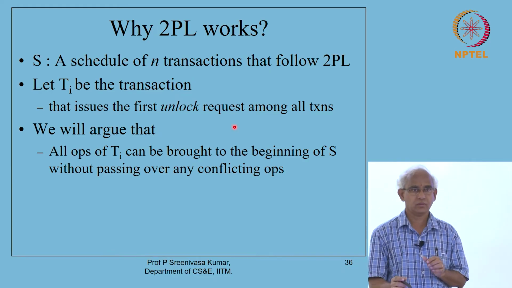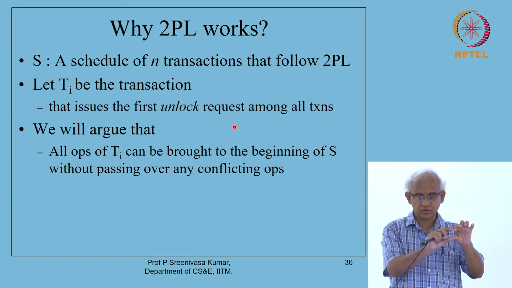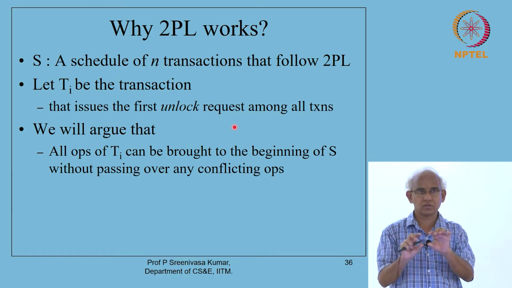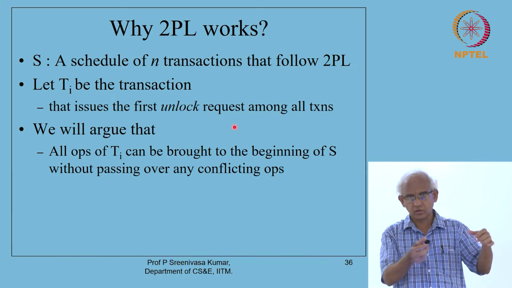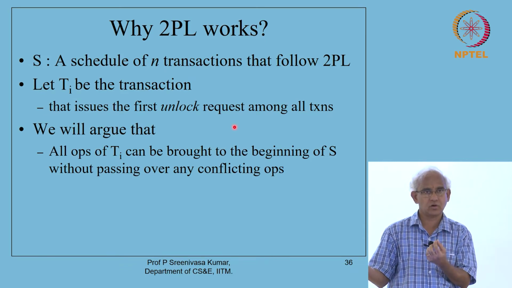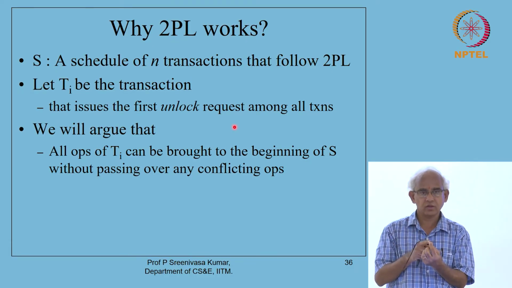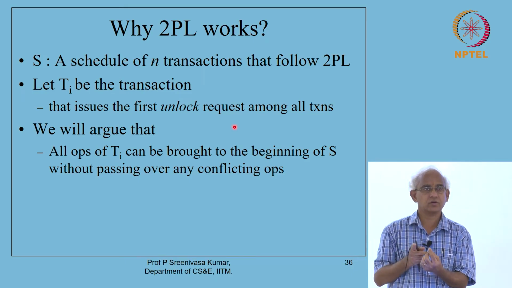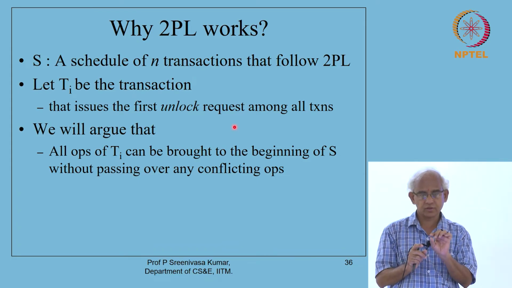If you imagine the schedule as a long chain of operations, the Ti is the transaction that issued its first unlock operation compared to all the other transactions. Now, the Ti's operations are spread somewhere in the schedule. My argument is that I can take each of these Ti operations and swap them all the way to the beginning of the schedule.